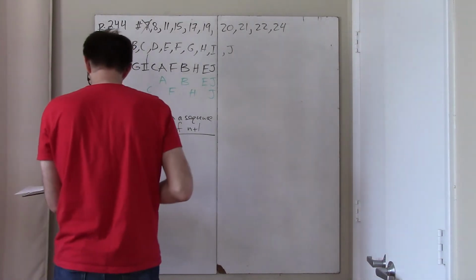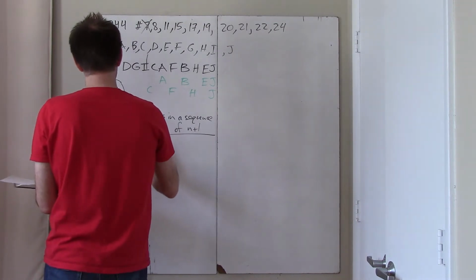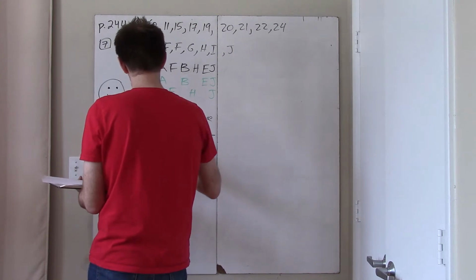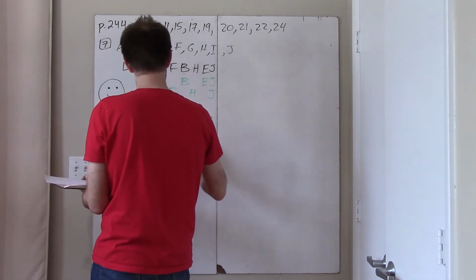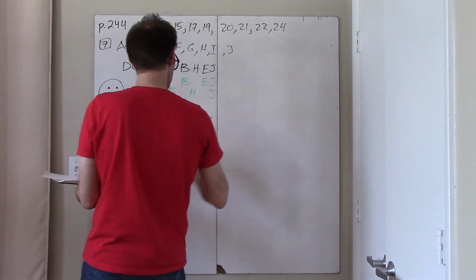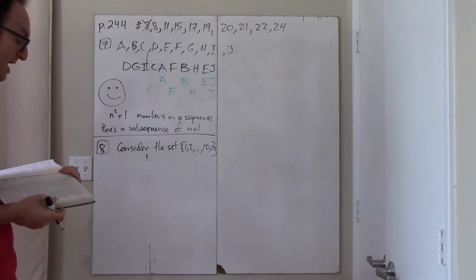So here is what it says. In my very own textbook, it says, consider the set, and then it says take all the numbers 1, 2, all the way up to 10, 11. So take the numbers from 1 to 11.